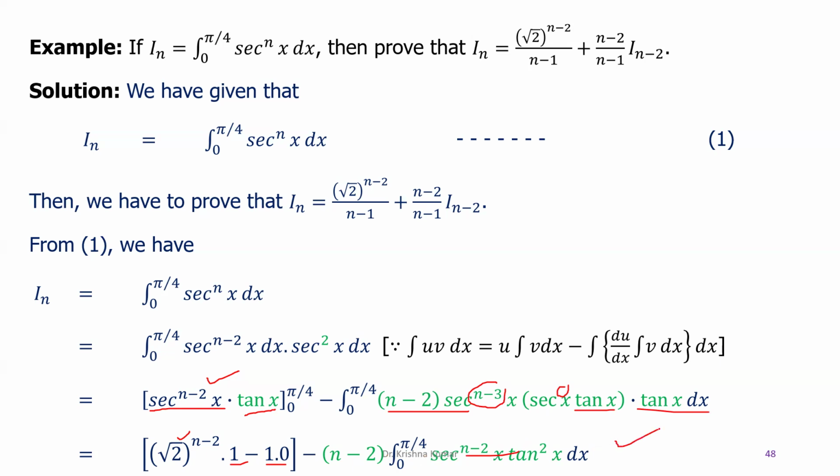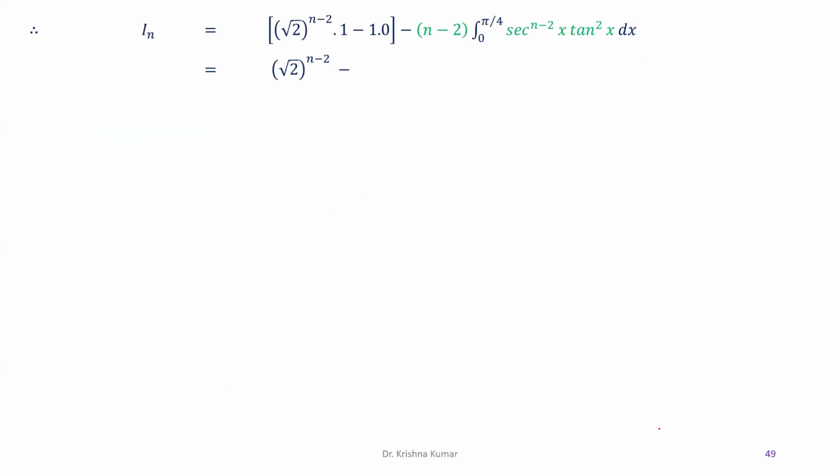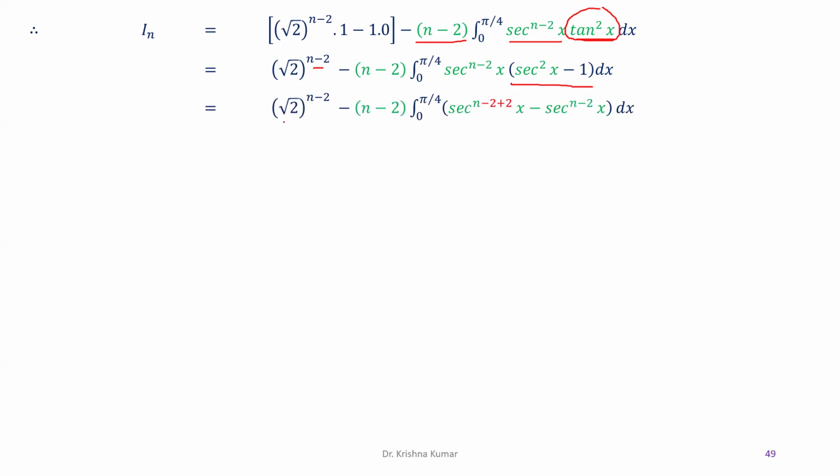Now, if we simplify it, this is root 2 to the power n minus 2 minus n minus 2 integration of sec to the power n minus 2 x into tan square x, and tan square x can be written as sec square x minus 1, which gives us root 2 to the power n minus 2 minus n minus 2.